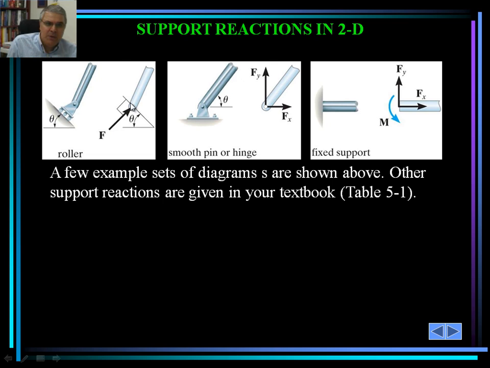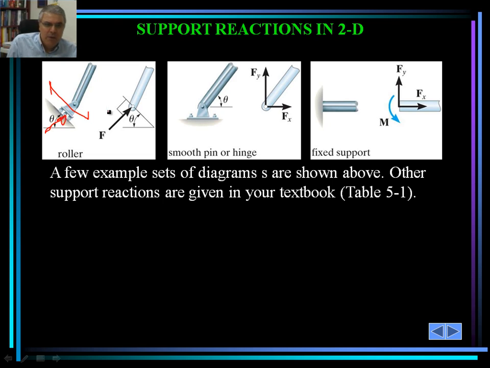F would be perpendicular to the surface. It may not necessarily be perpendicular to the arm as shown here. There is only one support reaction in this case since the support is free to move in this direction, but it's not free to move in this other direction.